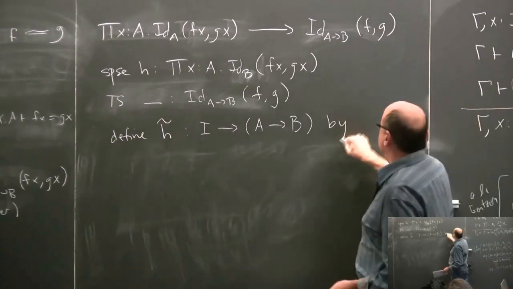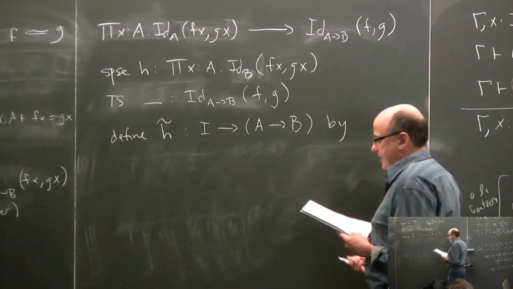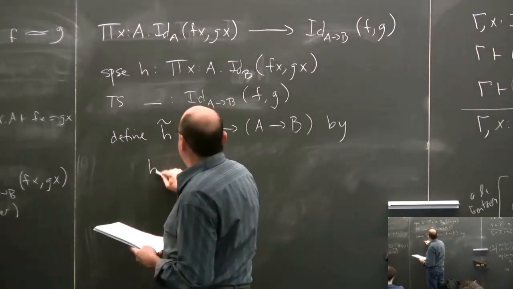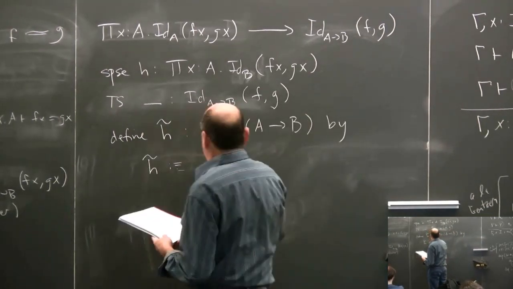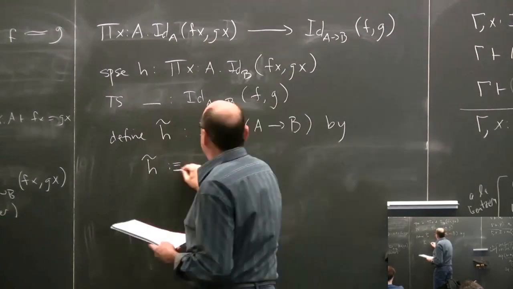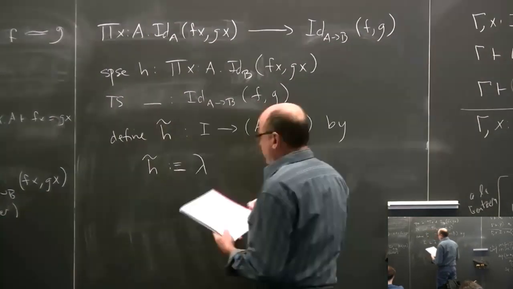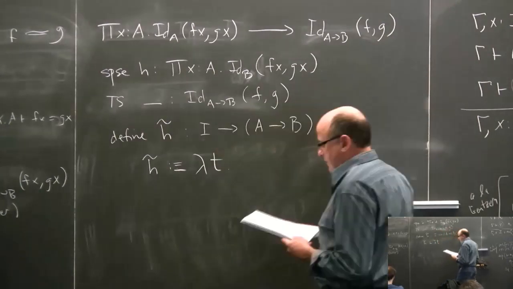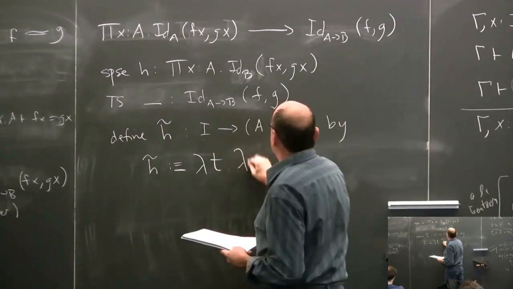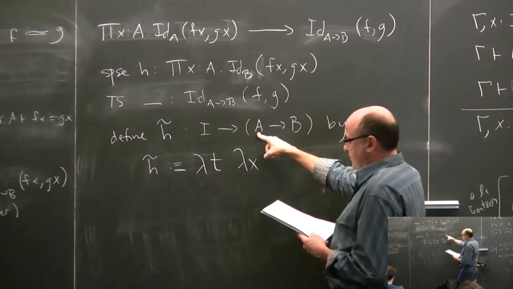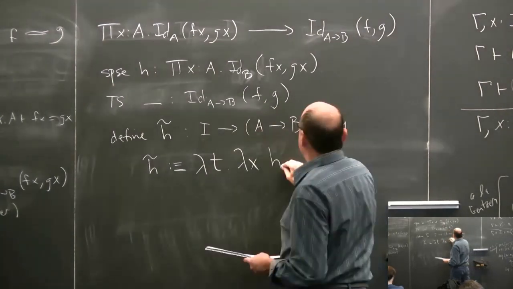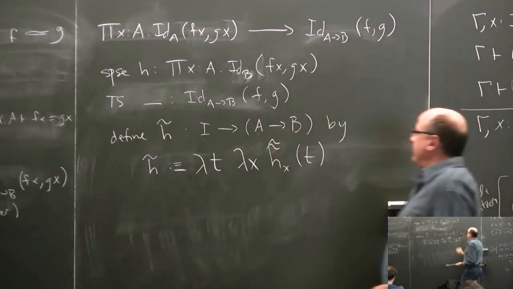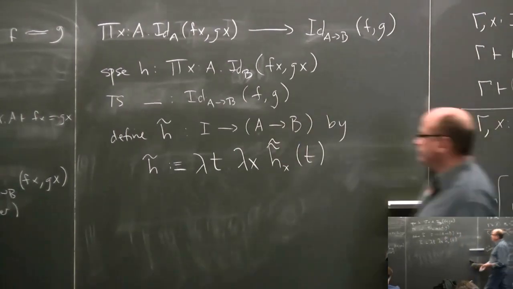The way I did it in my notes, let me just write this down so I don't get myself too terribly confused. So H twiddle is defined to be lambda t, whatever we call it, think of that as the time thing, and we take in x, and then I do something parameterized by x, which I wrote as H double twiddle of t.